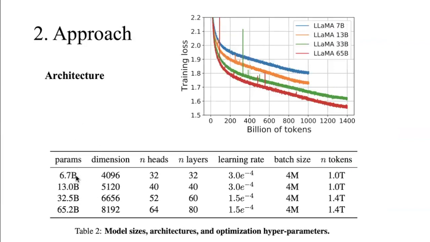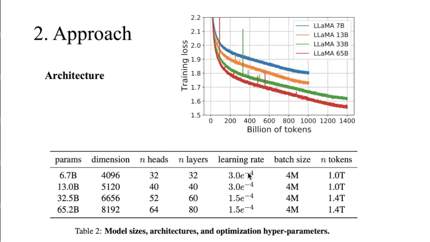The LLaMA model was released in multiple model sizes, from 6 billion to 65 billion parameters. They change the model size by changing the representation dimensions, the attention heads, from 32 to 64, and also the number of decoder blocks, from 32 to 80.